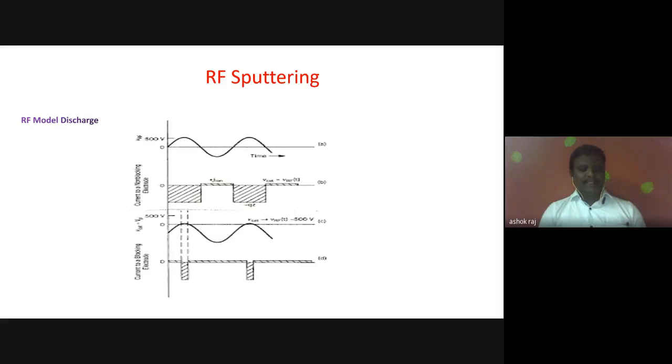Point C shows the self bias of the blocking capacitor that develops because negative charge accumulates, adding a DC voltage to the RF voltage, which is the amplitude of the applied voltage. And D shows the current flowing to the target with the self bias. The area under curve D must be 0 for one complete period in a steady state.